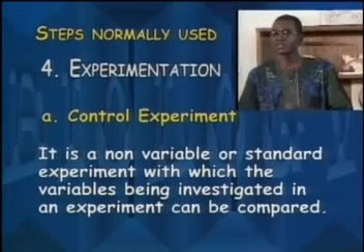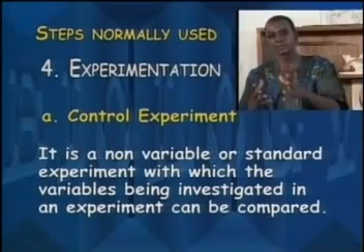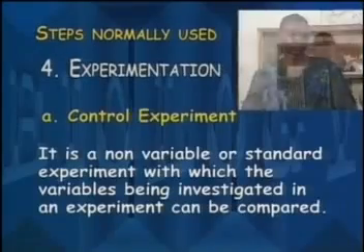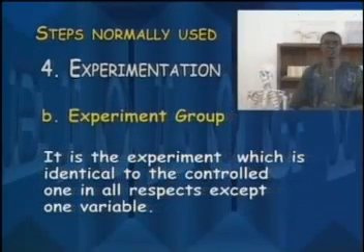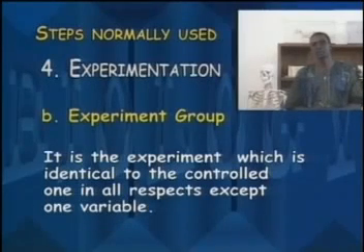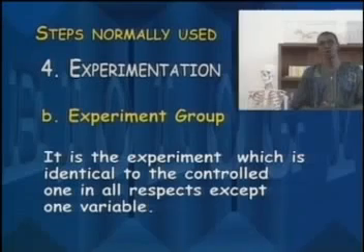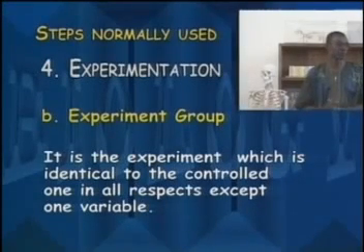When we talk about variables here, we are talking about all the features that will help the investigation to go on. We also have the experiment group. This is the experiment which is identical to the controlled one in all respects, except one variable.